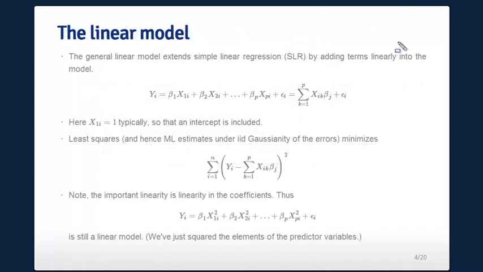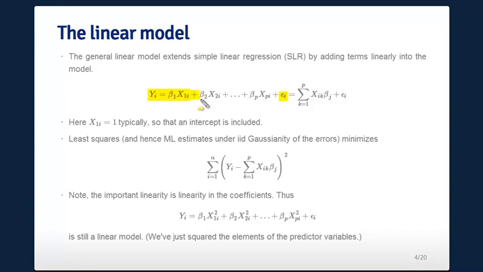So let's talk about the linear model. I think you probably could guess what the general linear model is from simple linear regression: all we do is add terms. Here was the linear part of regression to the origin with the error, and we might add an intercept.